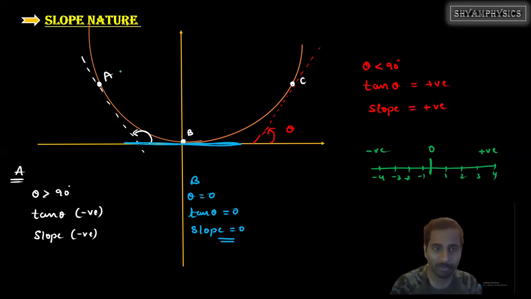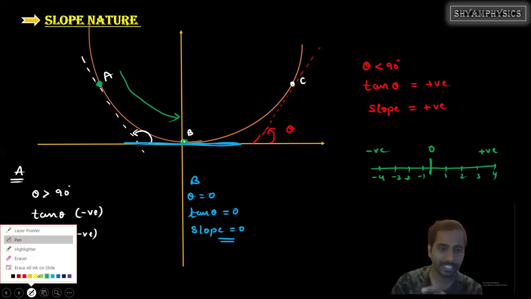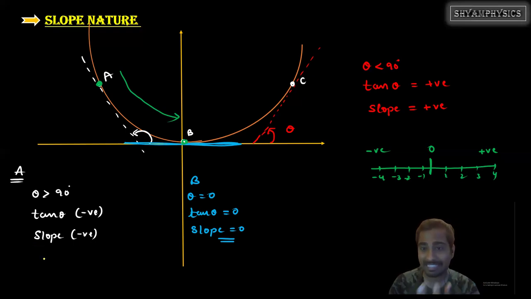Okay, now coming to the point. If I come from A to B, now tell me one thing. At point A, the slope is negative. At point B, the slope is 0. Now tell me, you're coming from negative to 0, means the slope is increasing or decreasing? From where to where are you going? Negative to 0 you are approaching.